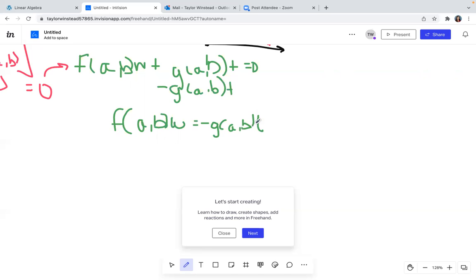And the last thing that we do is we would divide F of AB on both sides.